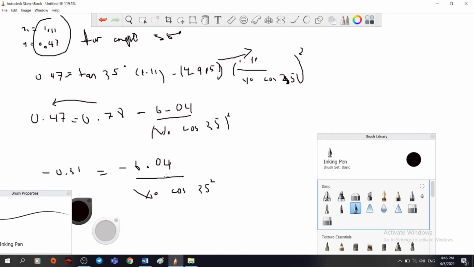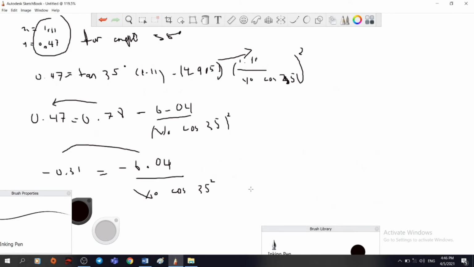So negative 6.04 divided by negative 0.31, after we divide it, we get 19.48 equal to V cos 35 squared. We only want the V, the initial velocity.